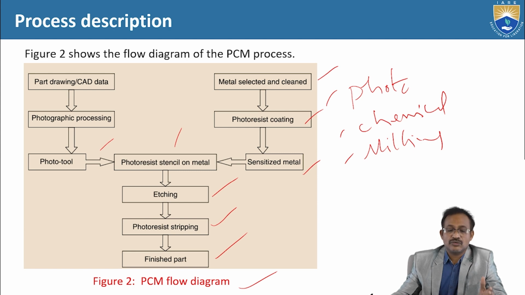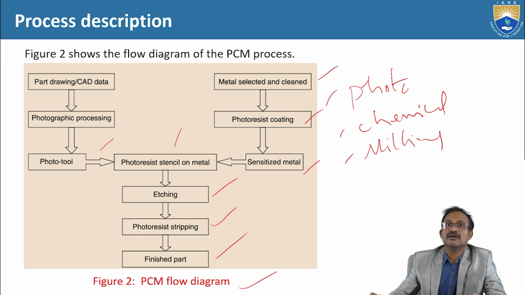On one side is the design and tooling part, on the other side the material coating and the sensitization of the metal. These two processes combine to give the photoresist stencil on metal, which will be etched, and photoresist stripping will be done. So finally the finished parts will be the outcome.